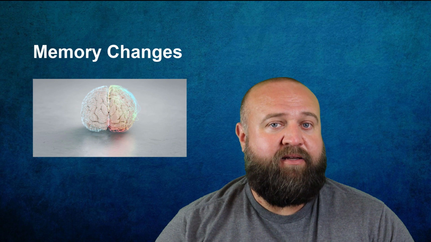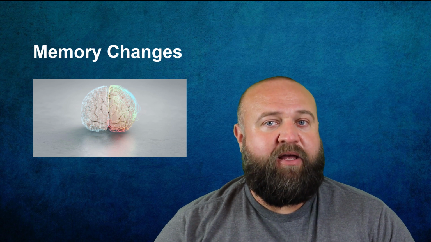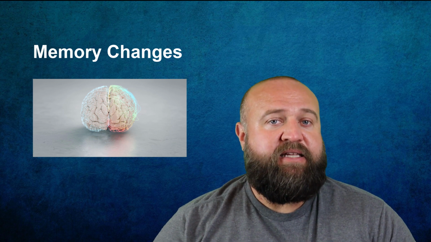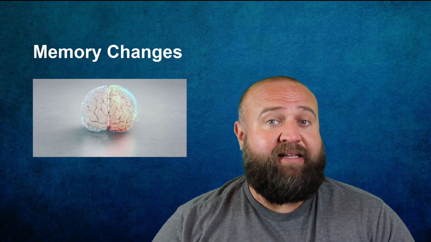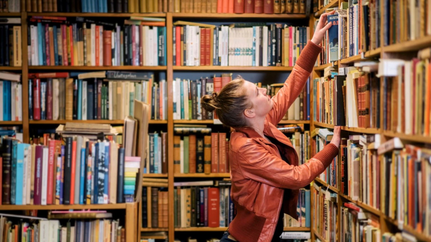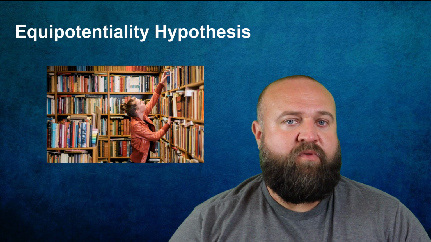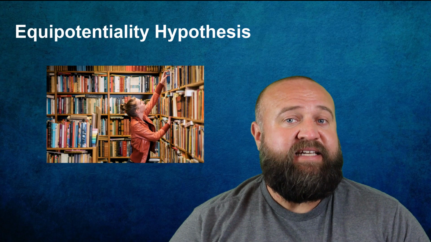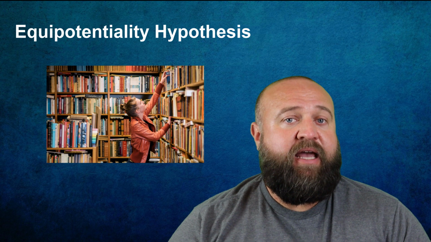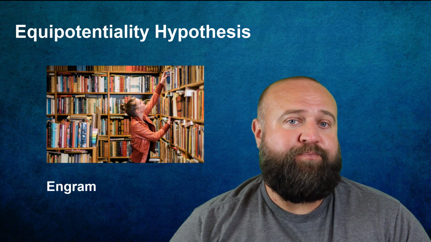Another thing that many people have a misconception on is they view their memory as being like a library. Each book in this library is a specific memory. This used to be the going belief in psychology for many decades. They referred to specific pieces of information in your memory as being an engram.